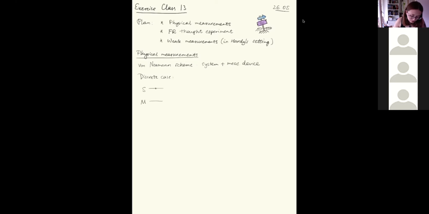And the CNOT gate, just to remind you, is basically a controlled X gate.